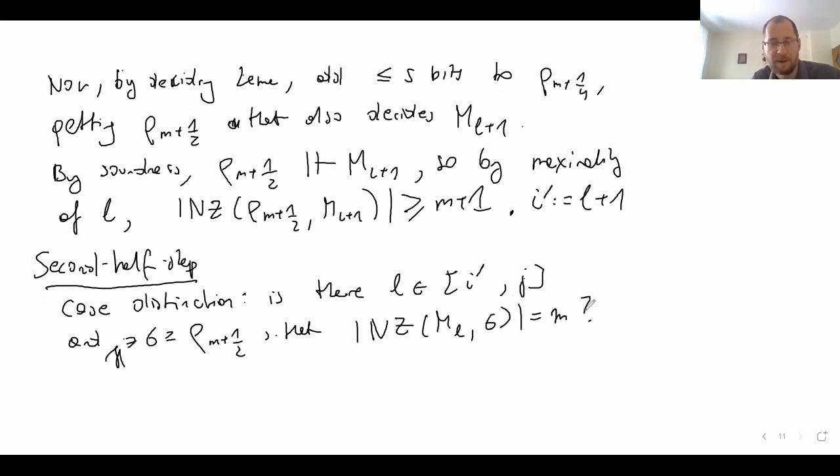If that is exactly m, we do something similar. It's not entirely symmetric, because there is a difference between the true values, but it more or less works out the same.